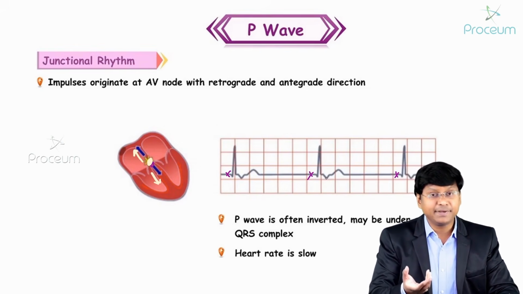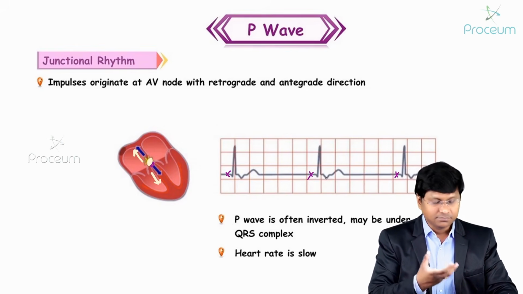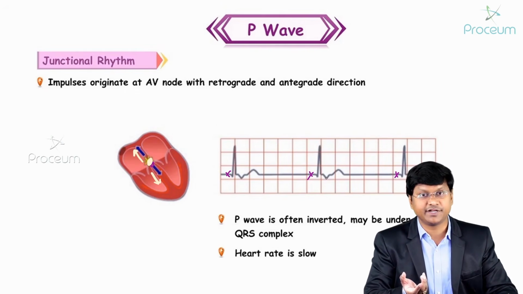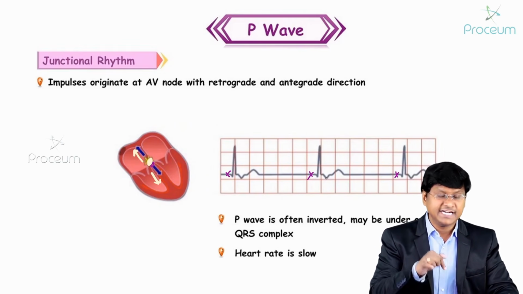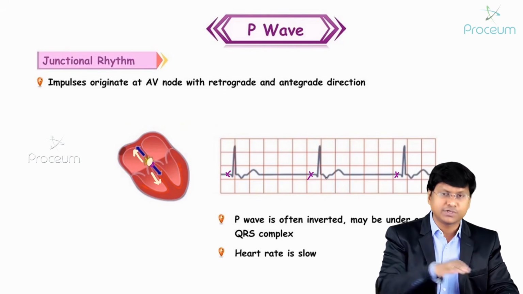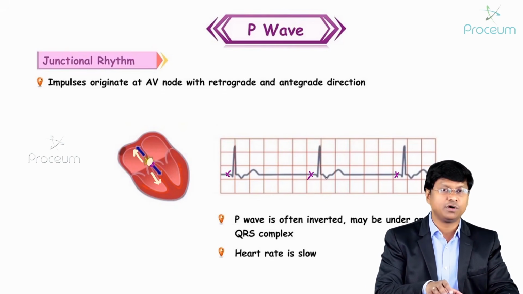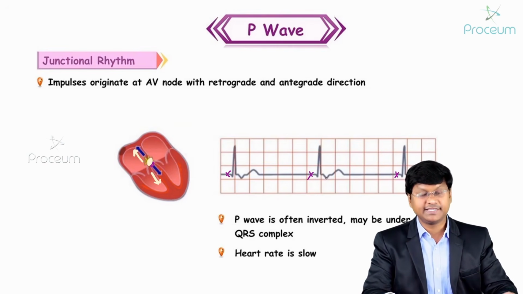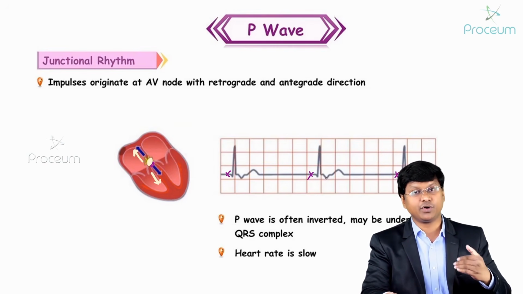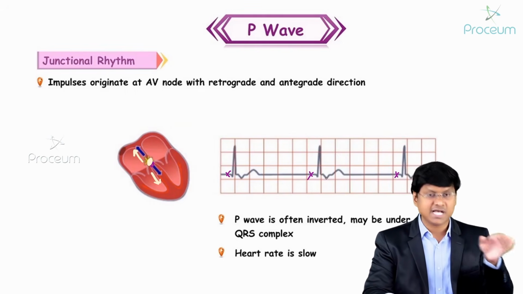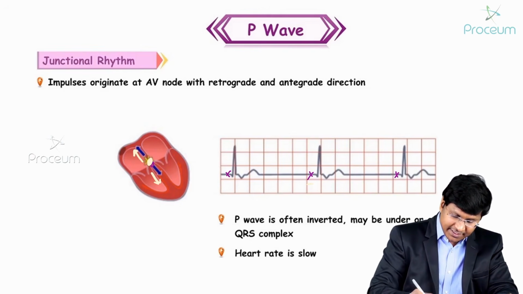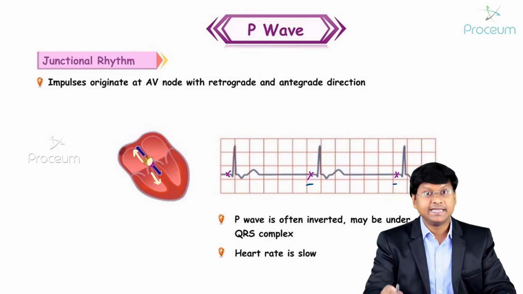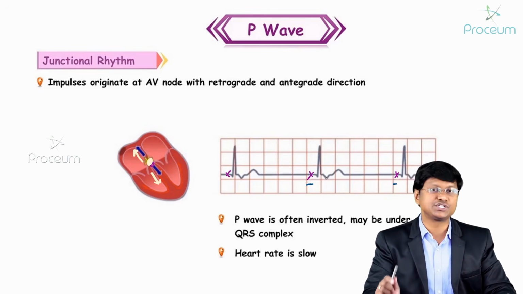The wave of depolarization generated in the antegrade direction will depolarize the ventricle, and that particular depolarization wave will neutralize the depolarization wave of the atrial origin, or it will mask the P wave. So that is the reason why you don't have the P wave. So remember, if there is no P wave, it tells you it is a junctional rhythm.